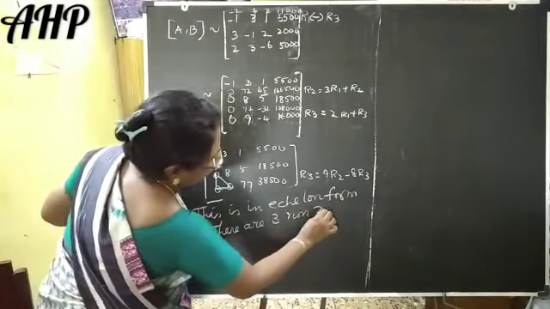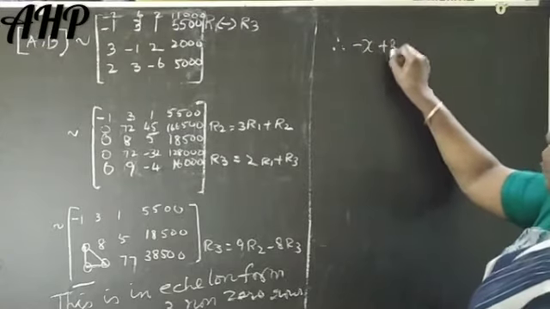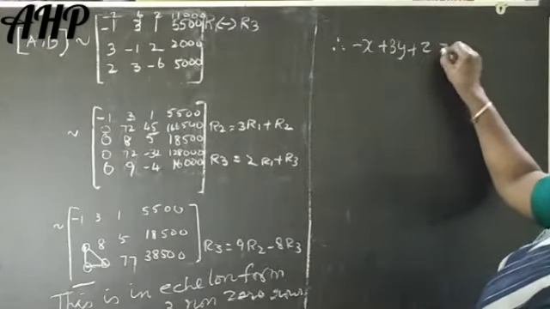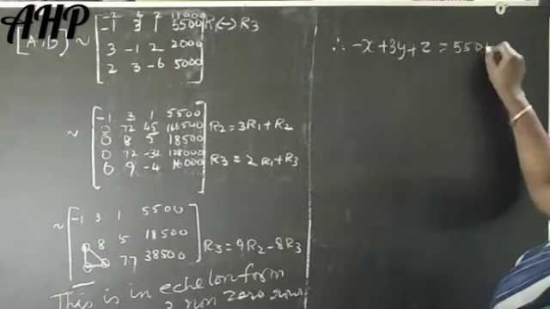So rewriting in equation form, we get: -x plus 3y plus z is equal to 5,500. 8y plus 5z is equal to 18,500. 77z is equal to 38,500.